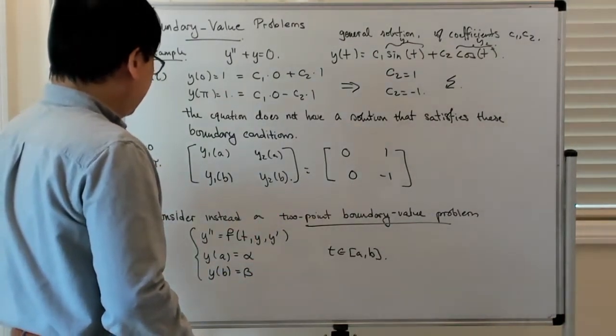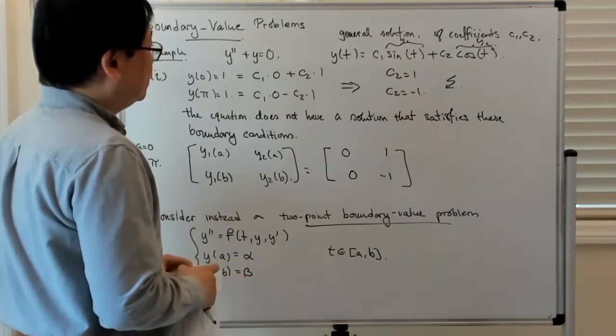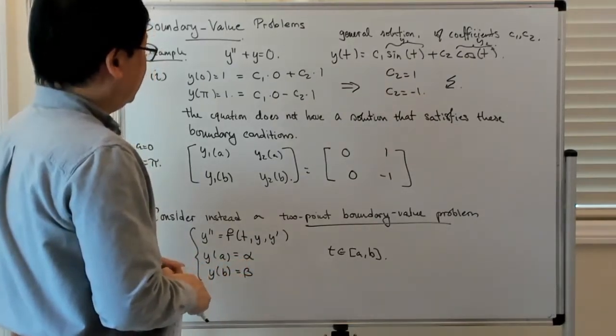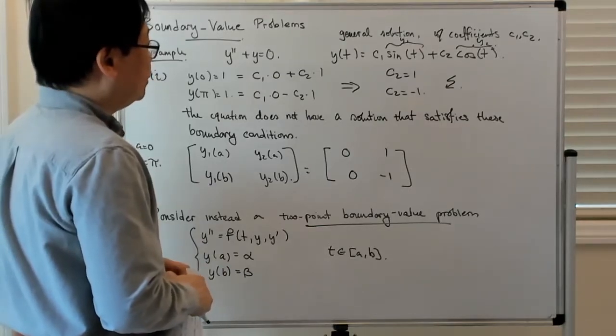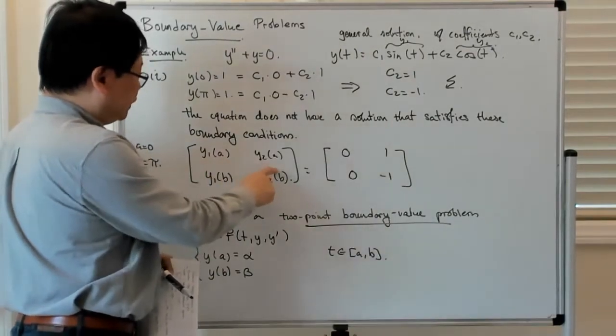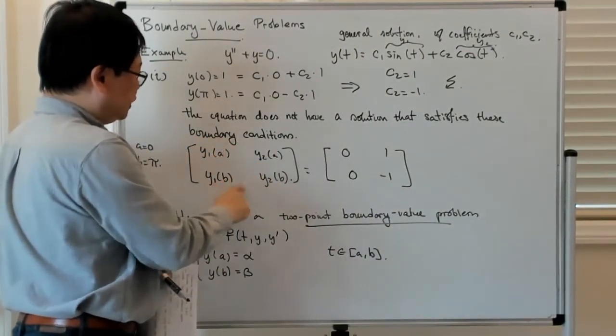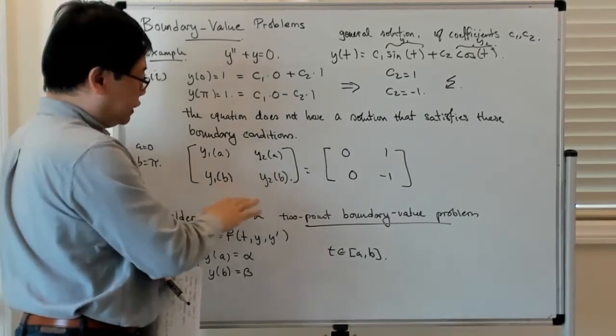Okay, and if you recall, you did something similar with initial value problems where, instead of evaluating at different times, you took y1 and y2 and then the derivatives for the next row, and so on.